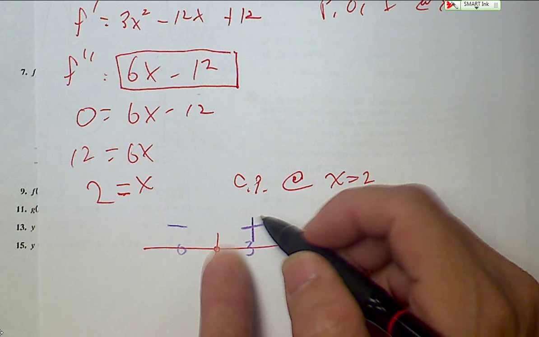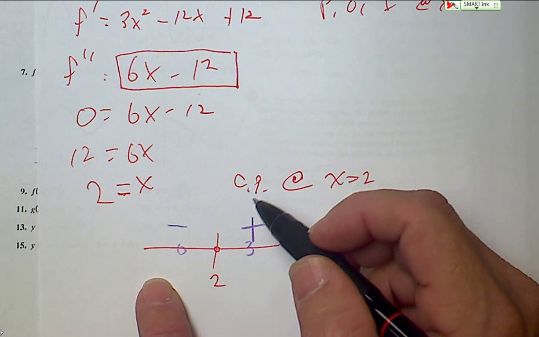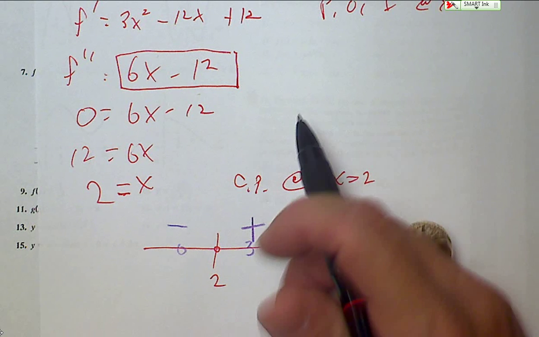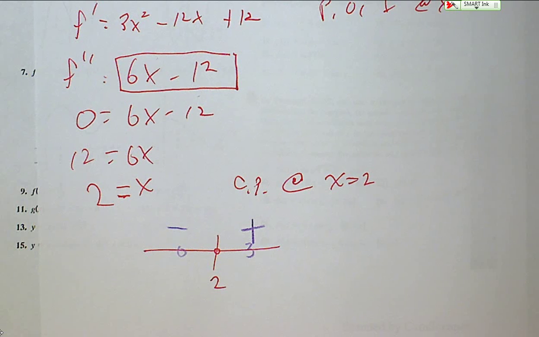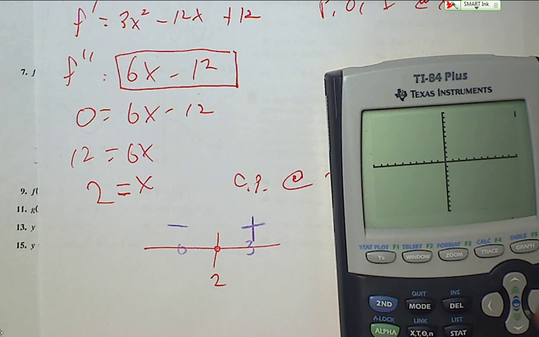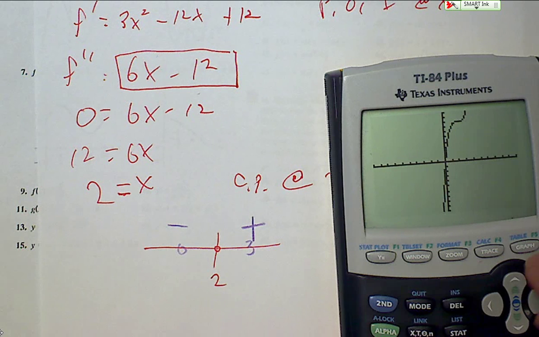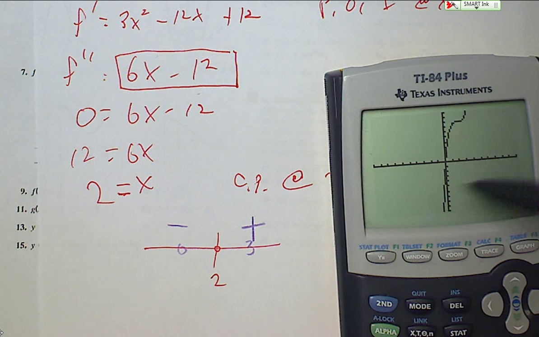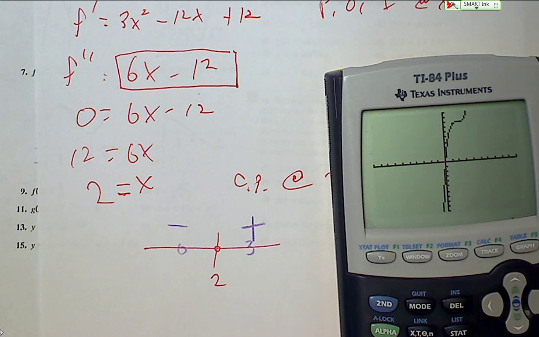Everything left of this is negative, which means it is concave down. Concave and left of 2, all of this is concave down.